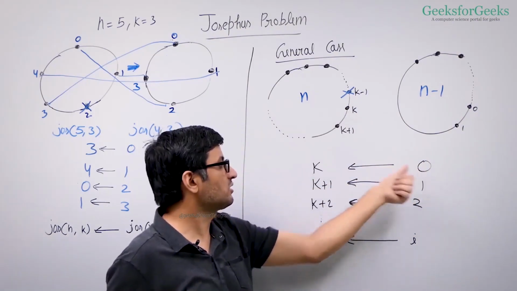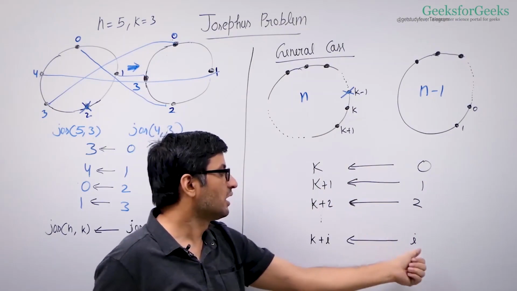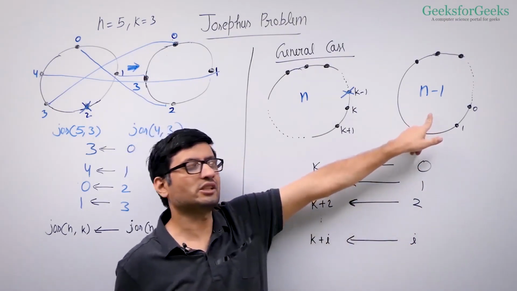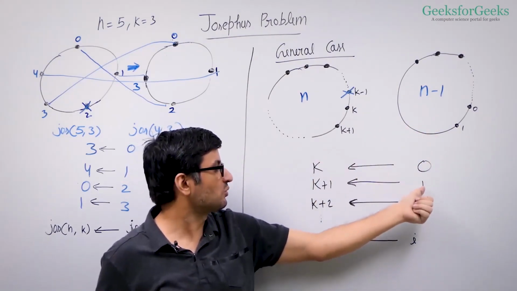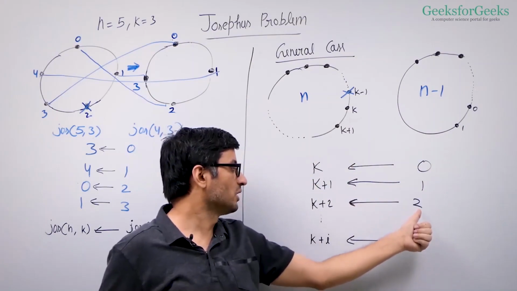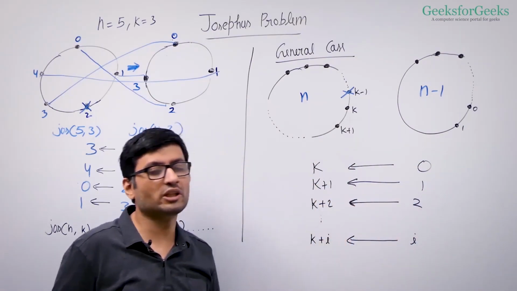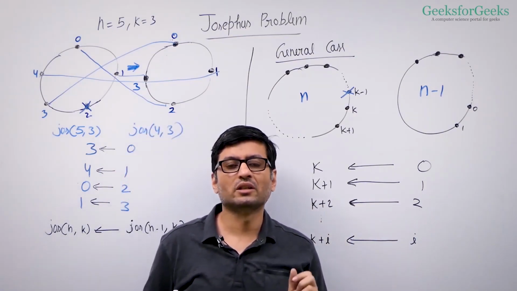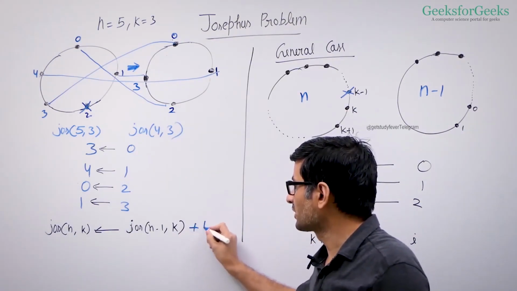So 0 is K, 1 is K plus 1, 2 is K plus 2, I is K plus I. So if this recursive call returns 0, you need to return K. If it returns 1, you need to return K plus 1. If it returns 2, you need to return K plus 2. If it returns I, you need to return K plus I. So you must have guessed that it should be plus K here, right? It should be plus K here.